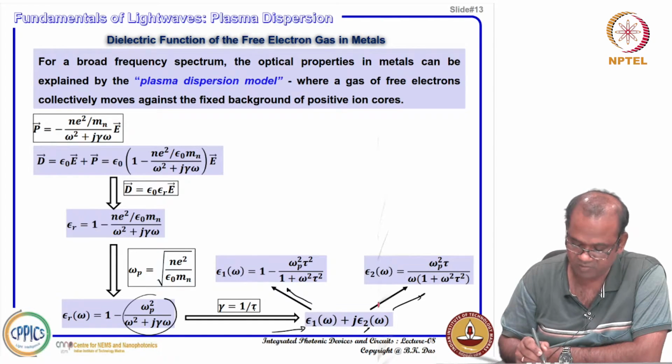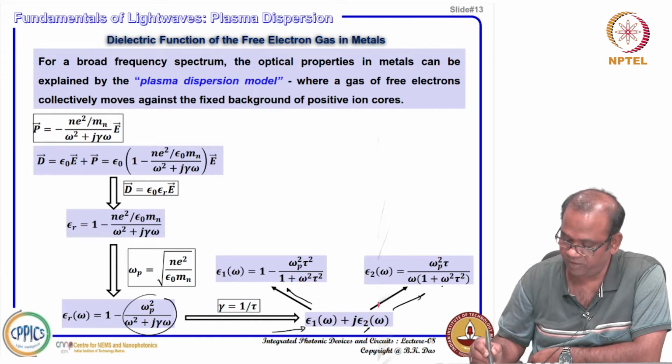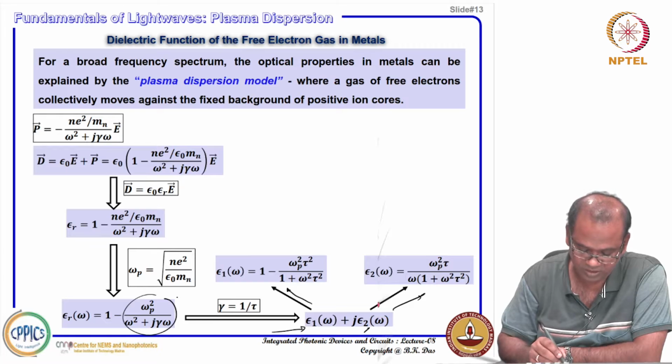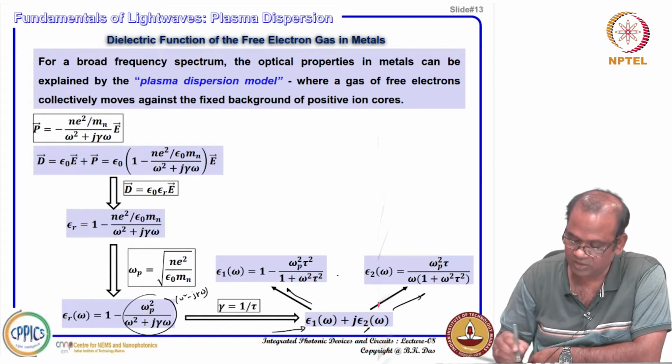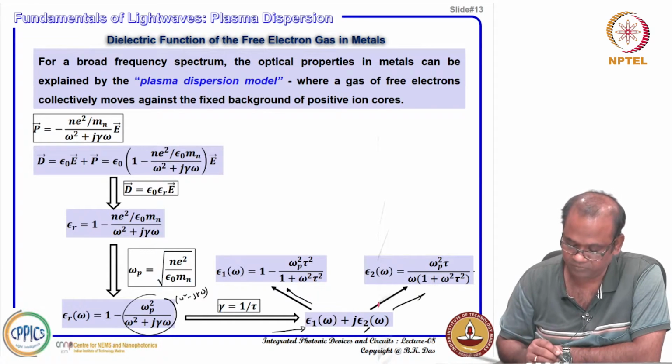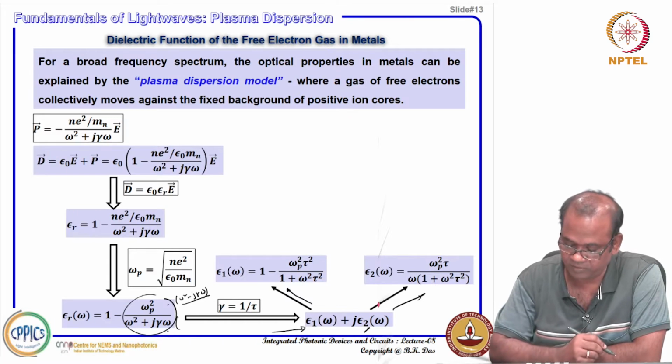I have just replaced gamma as 1 by tau. You have to multiply by omega 0 minus j gamma omega, then you can decompose the denominator into real and imaginary parts simply. The real part will be like this and the imaginary part like that, straightforward. I multiply this in the top and also in the bottom.